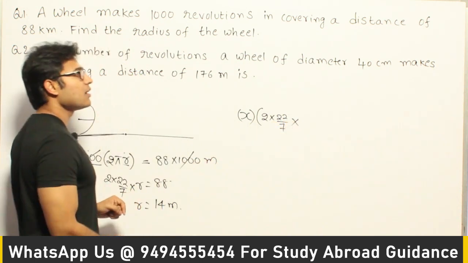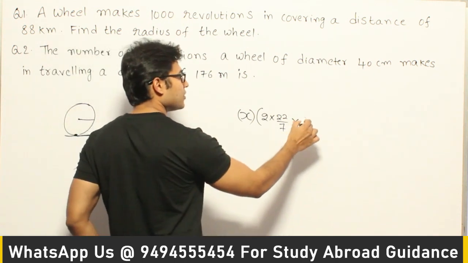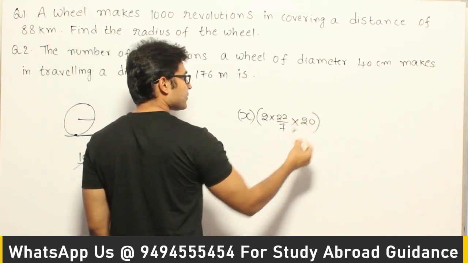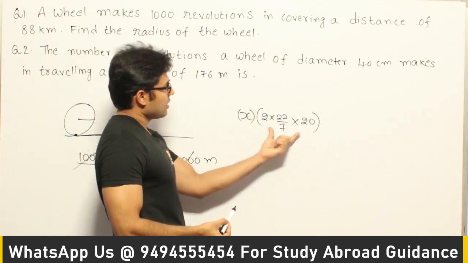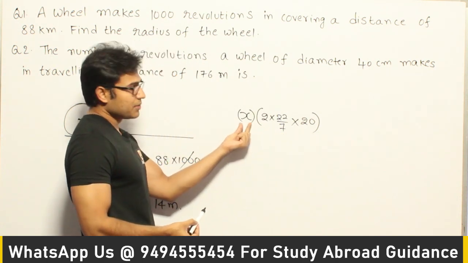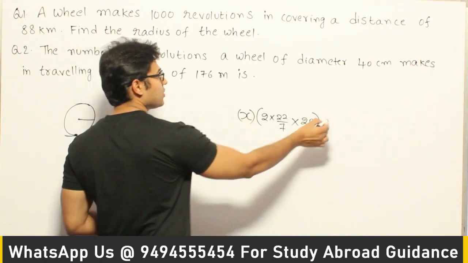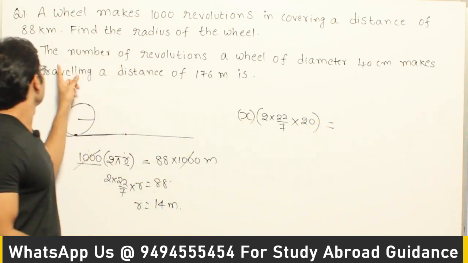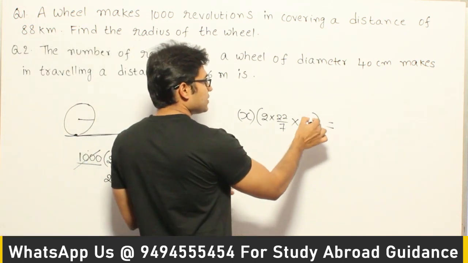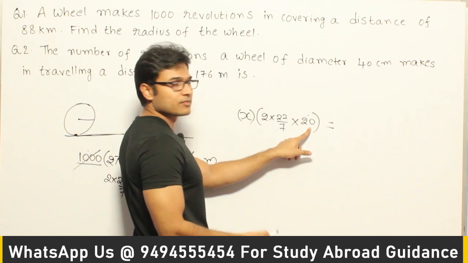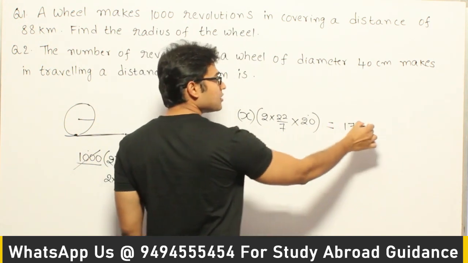Instead of giving r, they have given the diameter. Now convert it to radius. If you convert it to radius, it is going to be 20. So this is the distance covered in one revolution, and let us assume that the number of revolutions made is x. So in these x revolutions, it is supposed to cover a distance of 176 meters, right? Now if you observe, this one is given in centimeters and 176 is given in meters. Therefore convert it to centimeters.